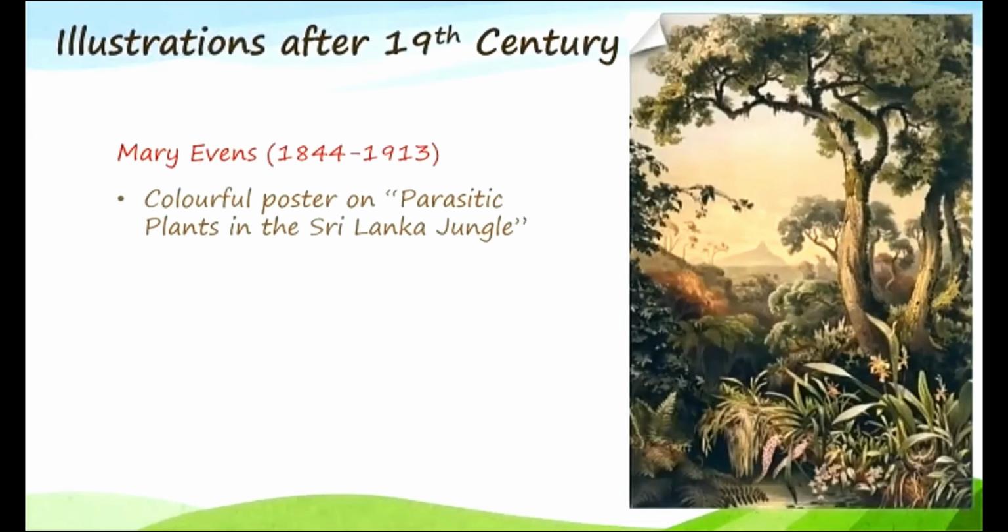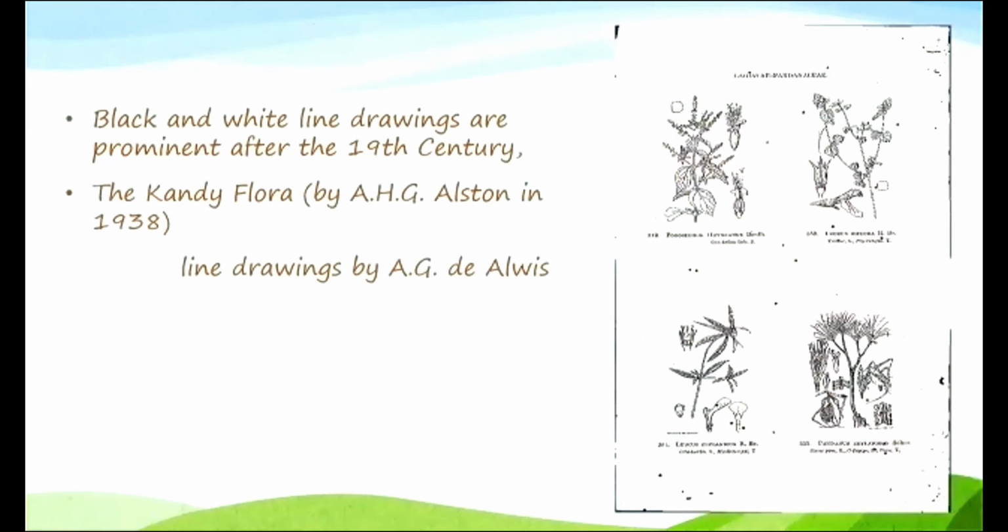But I haven't found details about Mary Evans through any sources. On the right side of this slide, you can see the poster done by Mary Evans. In there, you can see Adam's Peak and also most of the orchid species like Rhynchostylis as well as Phaius crampaviliae, orchids illustrated by Mary Evans in her poster.